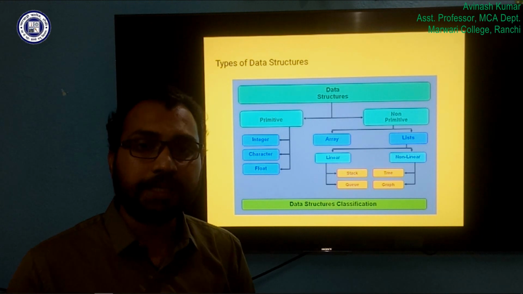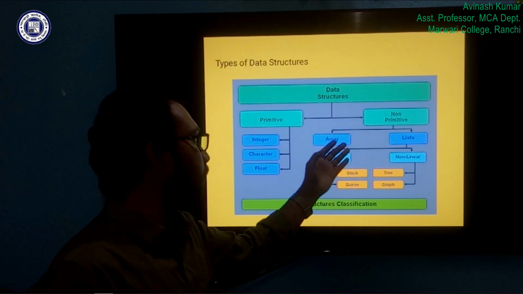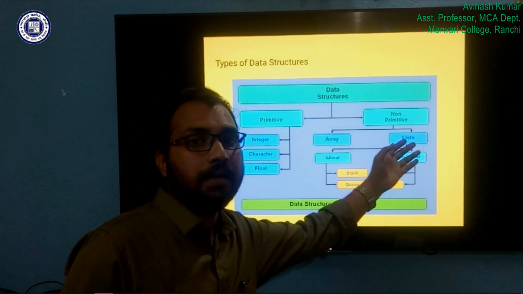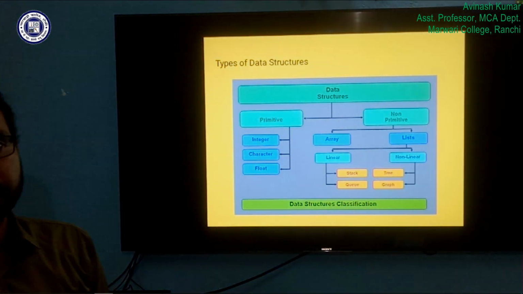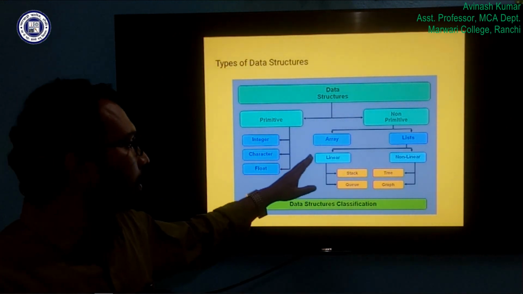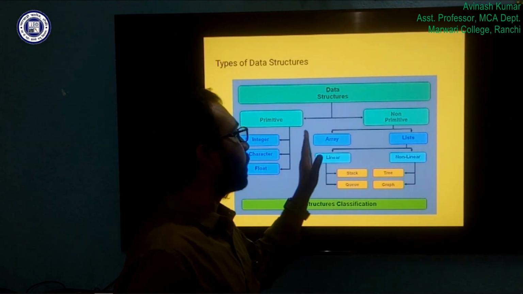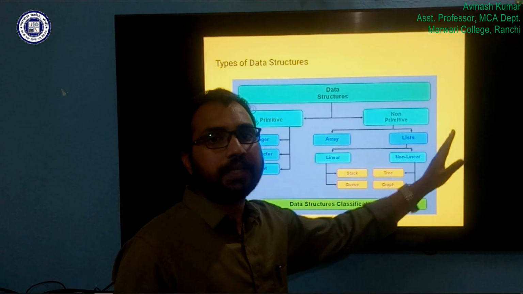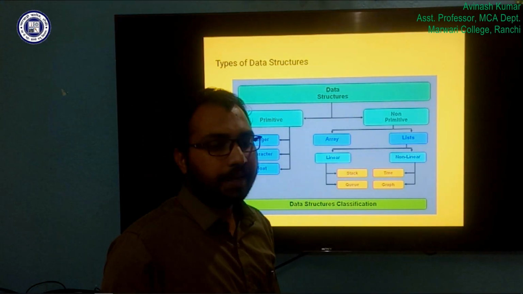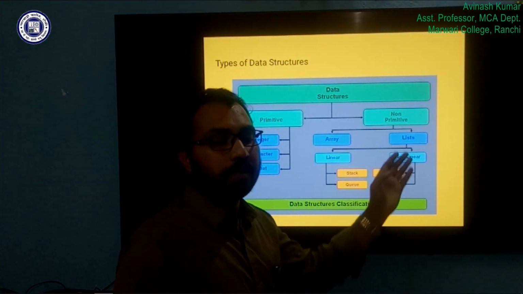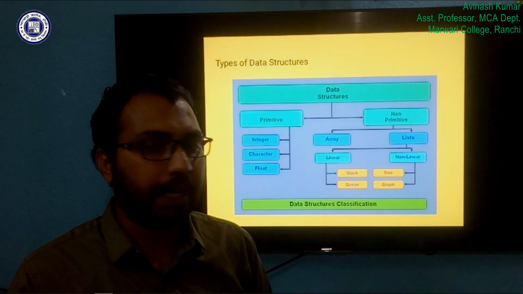Now the major thing that we need to consider is the non-primitive types, which are in the form of array and list. This list is nothing but the linked list that we already know. In this categorization, we have made array at one end and list at the other end. This signifies that array is a static data structure and list is a non-static, that is, a dynamic data structure. And what is a static and dynamic data structure?